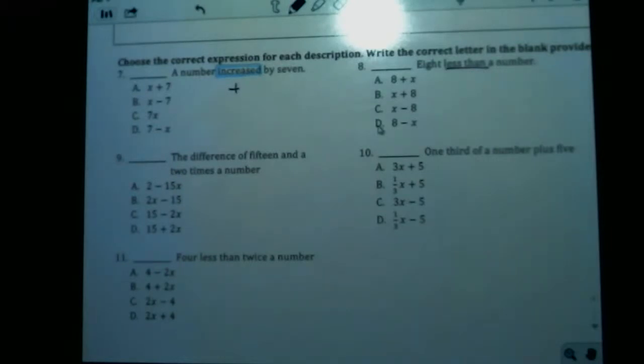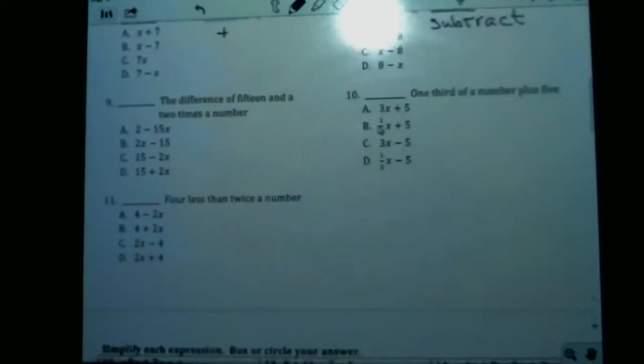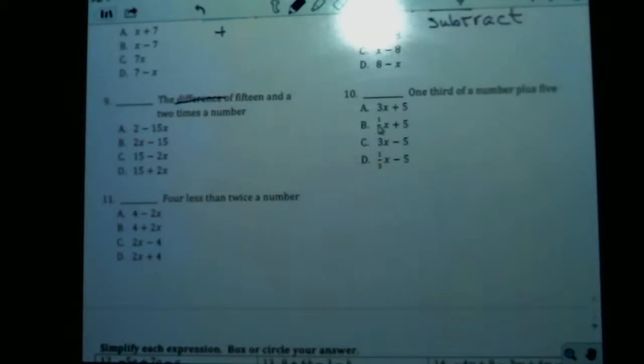Subtract. Good. Now, what about difference of a number? What does that mean? Is that divide? No. It's not divide. Subtract.